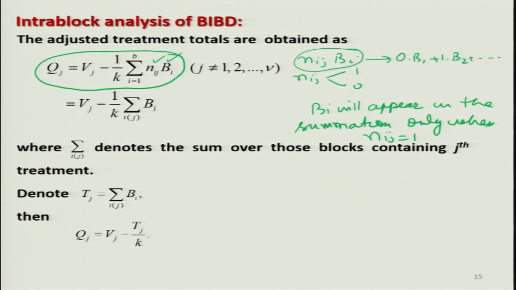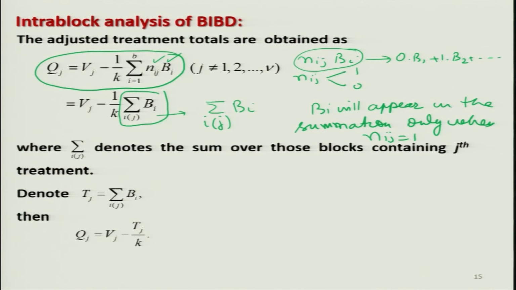This statement I indicate by a new symbol, where I take the summation over Bi, but in order to indicate that this summation is not over all the blocks, i goes from 1 to b, I introduce a symbol i, and inside the parentheses I write j.